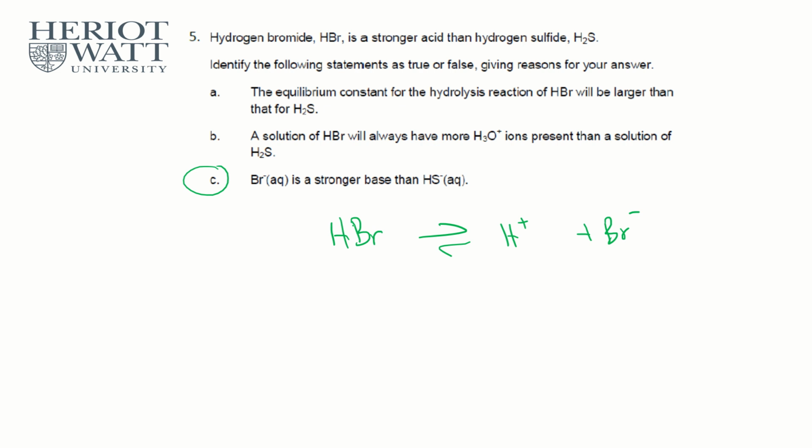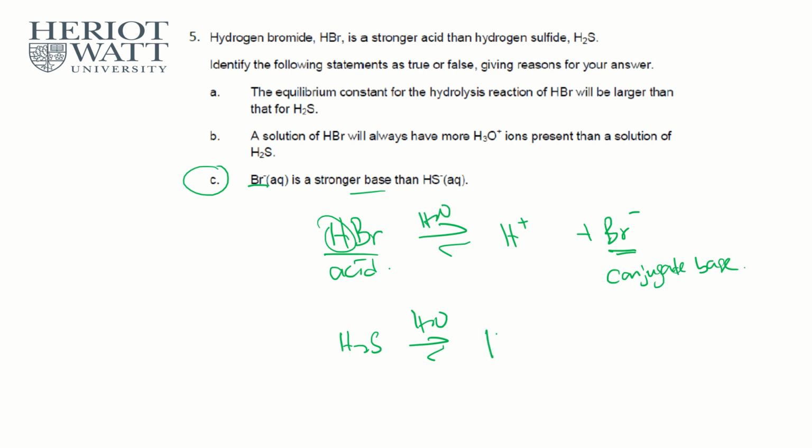Now, from here, HBr is actually an acid and it donates a proton, therefore it turns into Br minus. So what we call this is the conjugate base. That's why they say Br minus is a base. See that? And H2S, I just simplify the reactions. H2O, H2O here. So what do you get? H plus and HS minus, right?